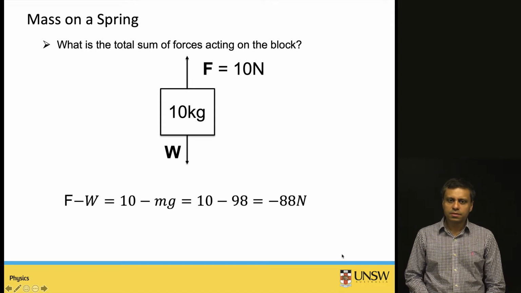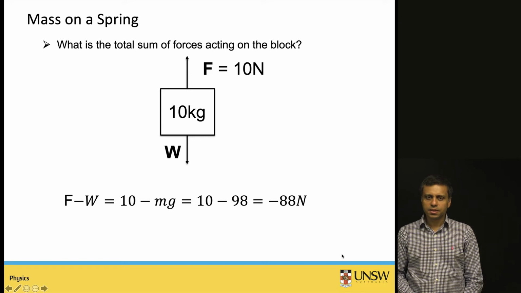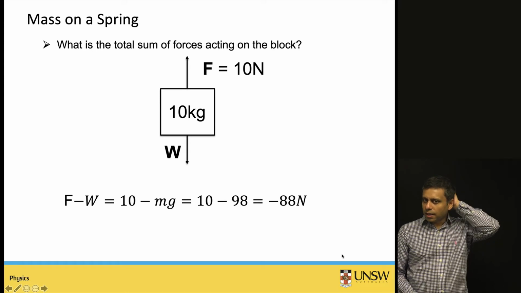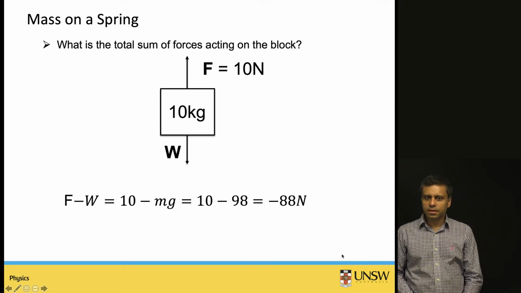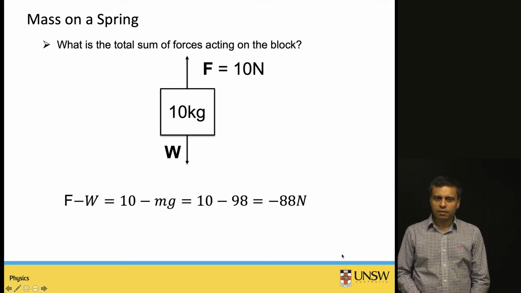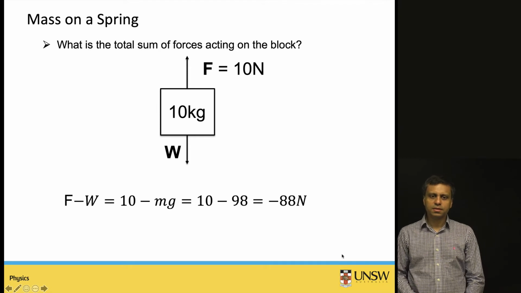And in this case, we need to find the net force acting on the object. So the net force is just F minus W. We see that there are only two forces. And we don't need to consider the tension force in this case because the tension force is equal to the F. And we are actually evaluating the total forces acting on the system. So we don't need to consider the tension force.